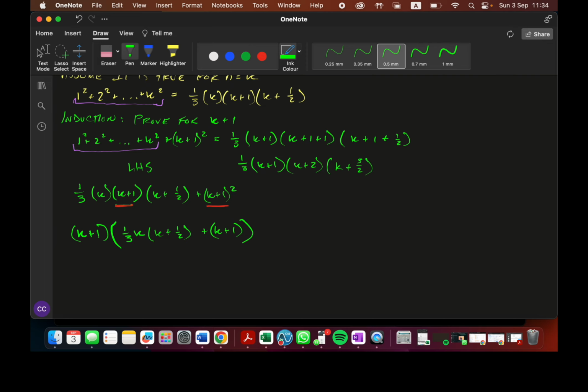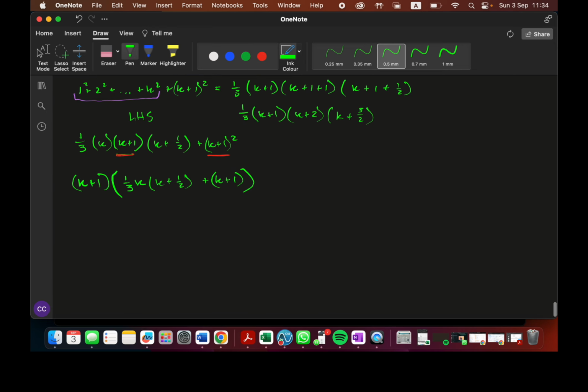Well, if I multiply everything on the inside by 3, I'd get rid of that fraction. So if I get rid of that fraction, I'd end up with k plus 1 times k plus 1/2, plus 3 k plus 1s.